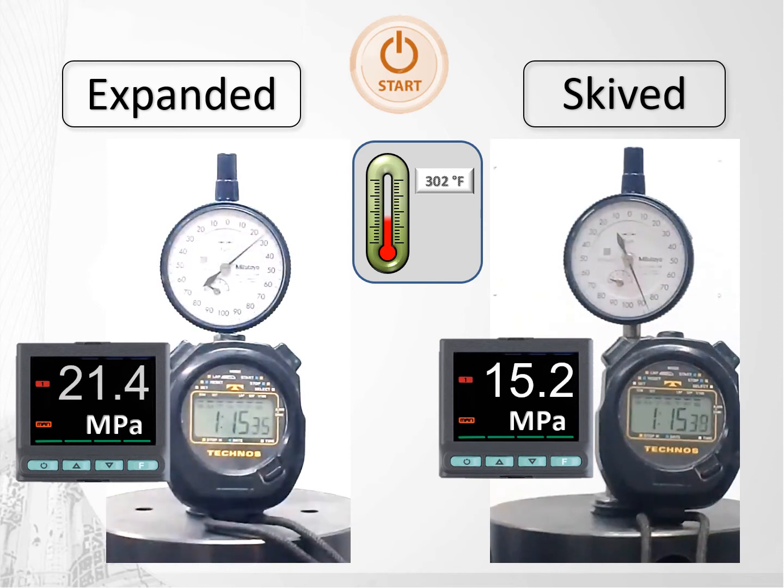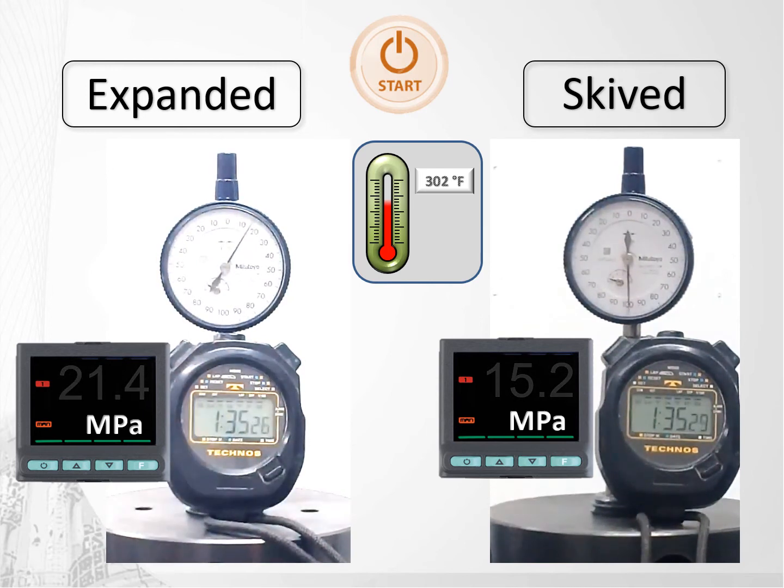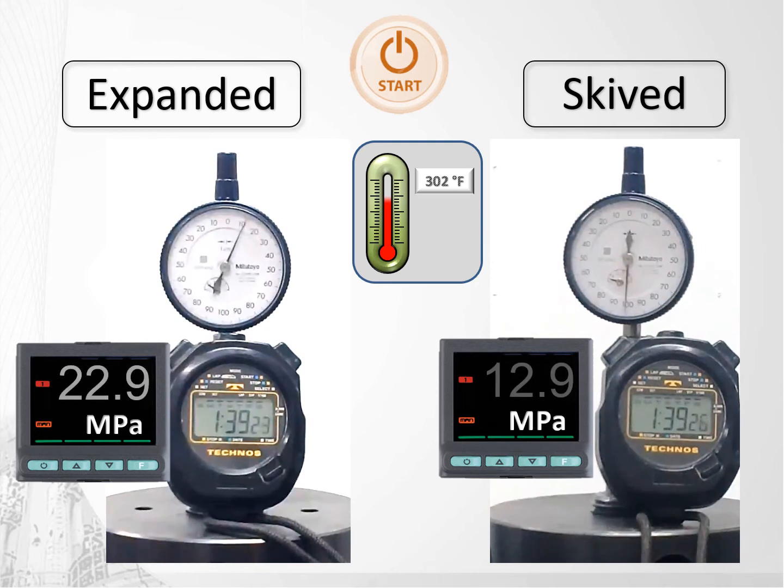The stress just keeps on falling. Test now is about to end, and you can see how the skived have nearly half of the load retention expanded had. Very, very poor results once again.